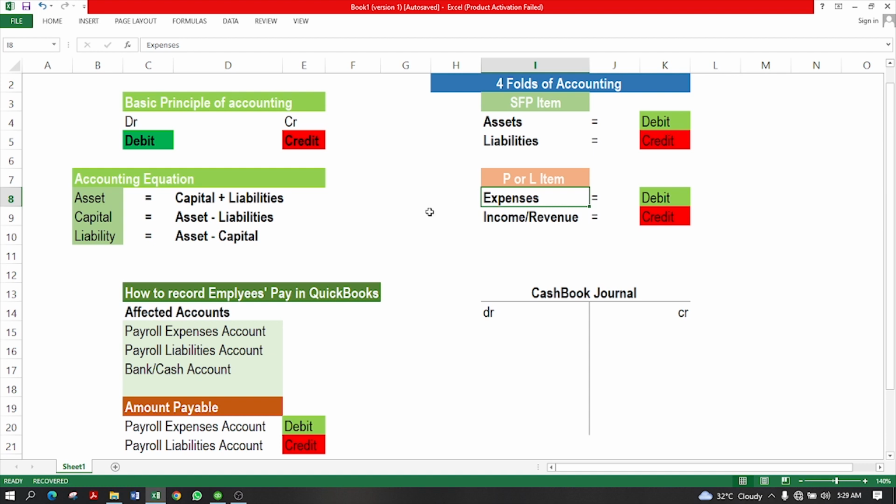So, like I said initially, every transaction must have a corresponding double entry system. Now, this transaction that has been recorded here as a debit transaction, if we are using the cash book journal, let's say this is sales you made, and we are using the cash journal to record it.